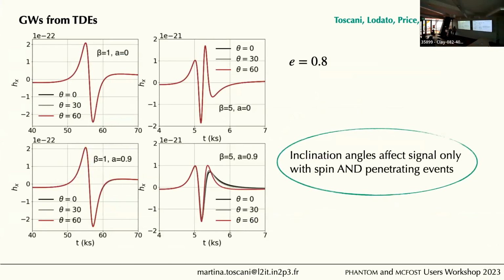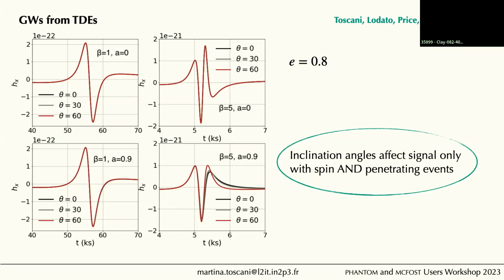Another result that we got here is how different inclination angles of the stellar orbit can affect the gravitational wave signal. So here there are 4 plots. On the top line, we are considering a static black hole, so a equals 0. In the bottom line, we are considering a spinning black hole, a equals 0.9.